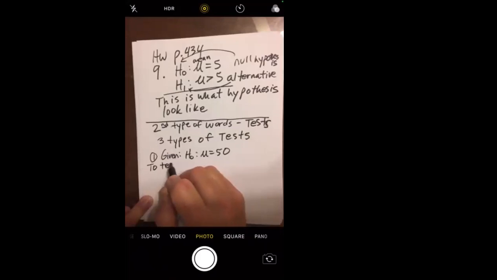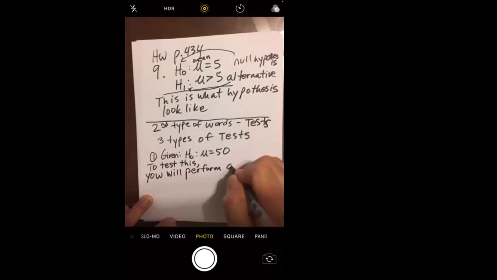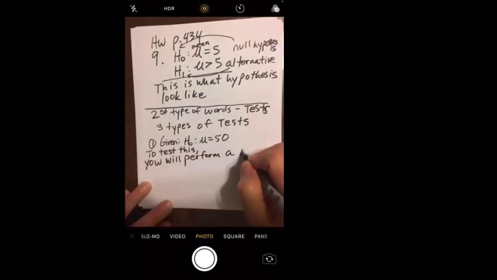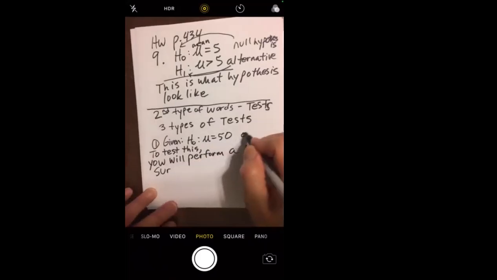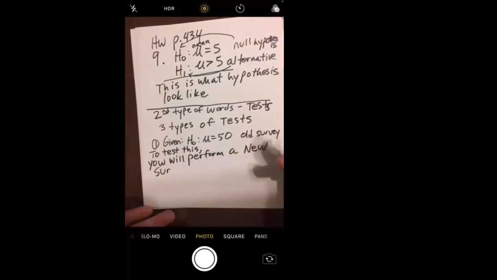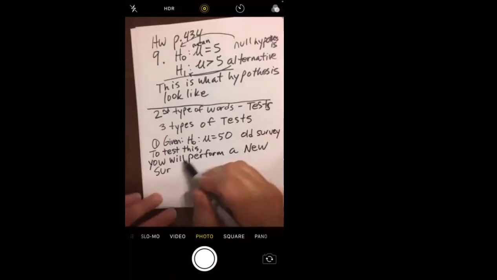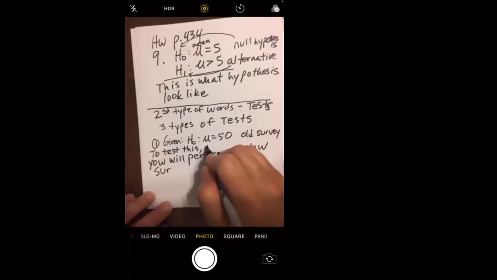To test this, you will perform a new survey. This is your old survey. Came up with this result. Maybe it stood for years, and now you want to see if it's still valid. Test this to see if it is valid.